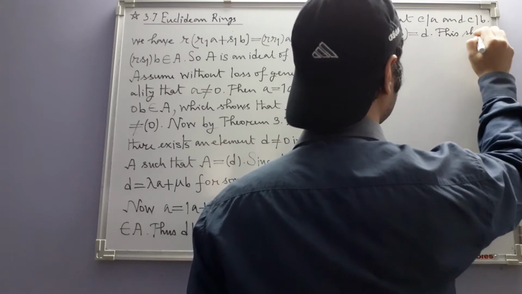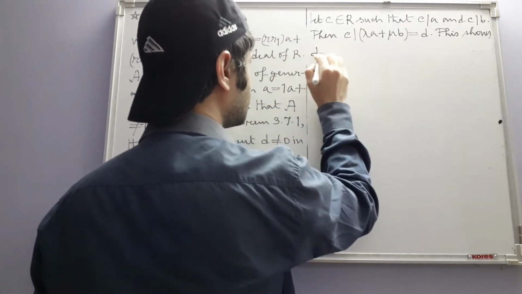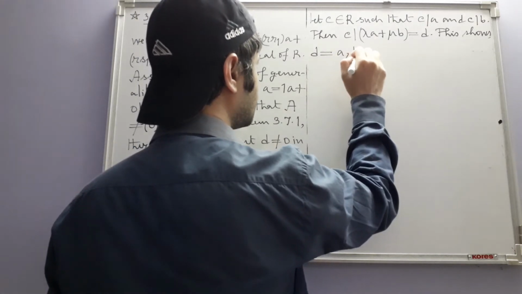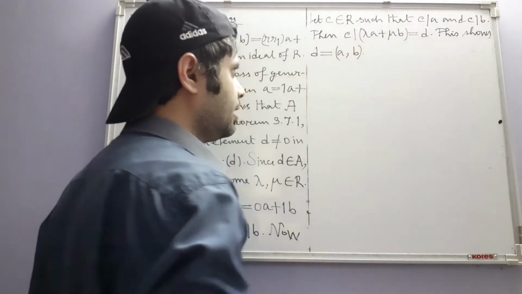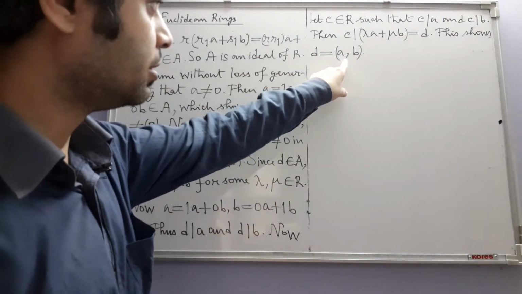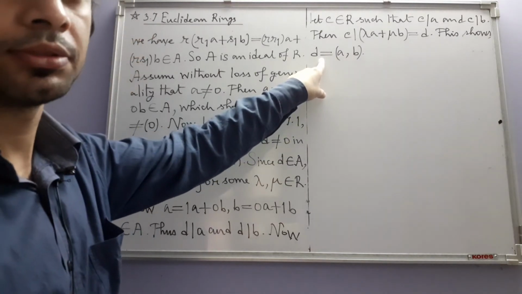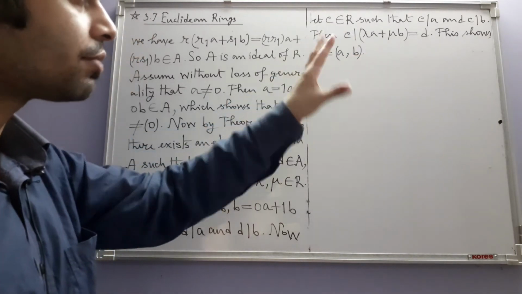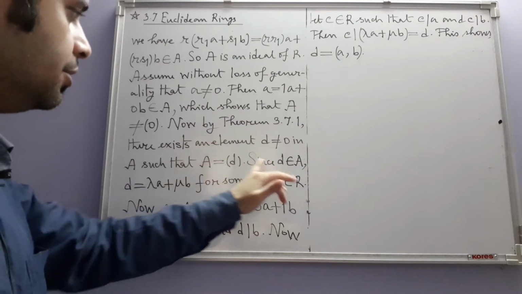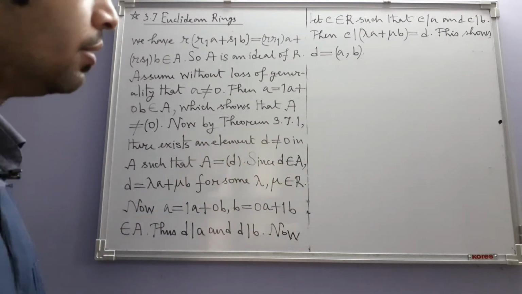Keep in mind, I am again mentioning this fact that this can have many different values. This is one of the values, because we have not proved anything about uniqueness of D. Such a thing is in general not there.